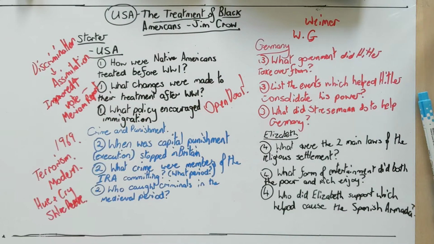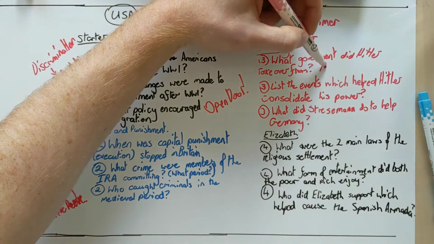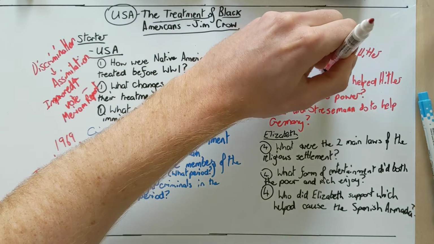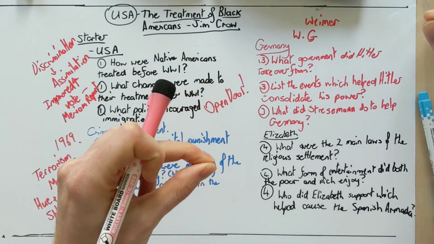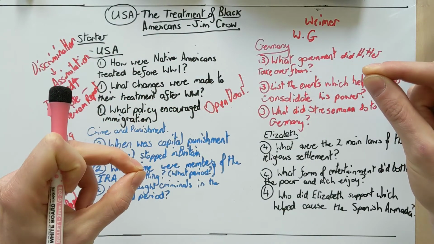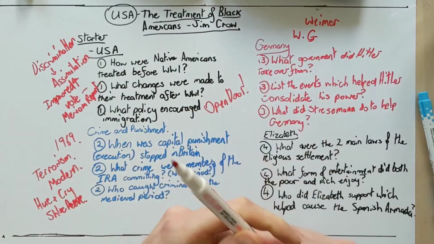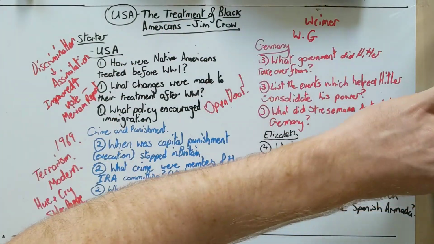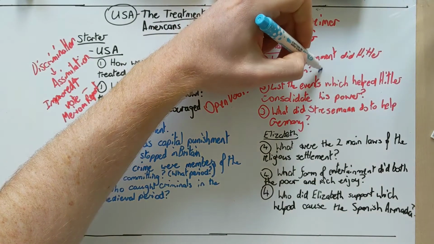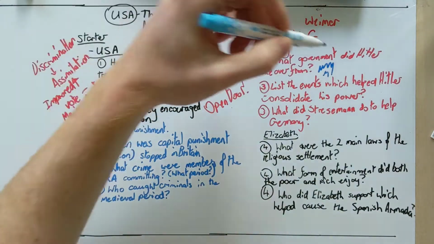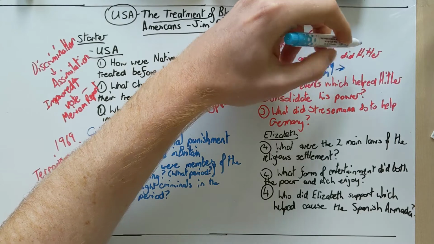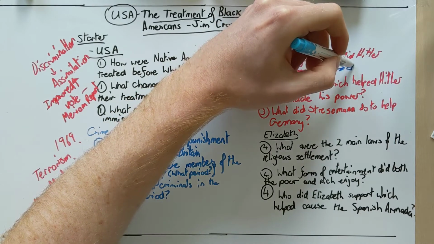List the events which helped Hitler consolidate his power. Consolidate, remember, means going from power to more power. So after he becomes Chancellor, how does he increase his power? Remember, we've got the Reichstag fire. Then we have the Enabling Act.